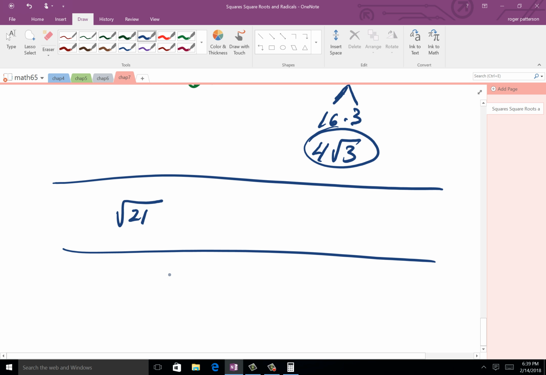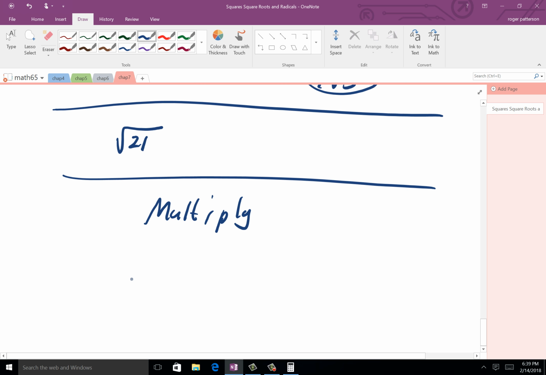Let's do this. Let's multiply first. So how do we multiply? So let's say we have the square root of 6 times the square root of 8. Okay. Well, this is pretty straightforward.